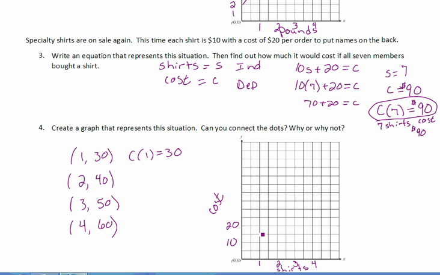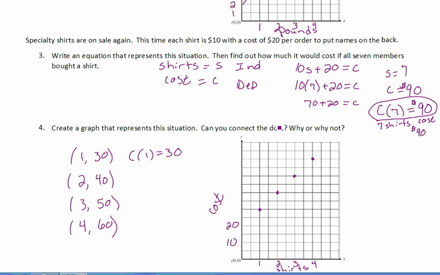So 1 is 30, 2 is 40, 3, 50, and 4, 60. All right, so there we go. Again, knowing that I should have a linear equation there because I'm dealing with two variables that have a power of 1. Let's go ahead and look at that question again.